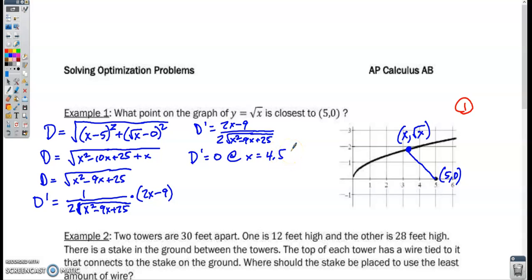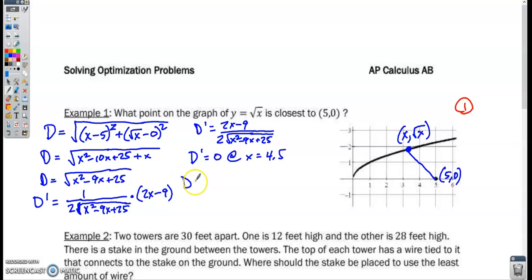I do need to check if the derivative is ever undefined, but what's inside the radical is never equal to 0, and so we don't have any critical points there. So there's our one lone critical point at d prime equals 0.